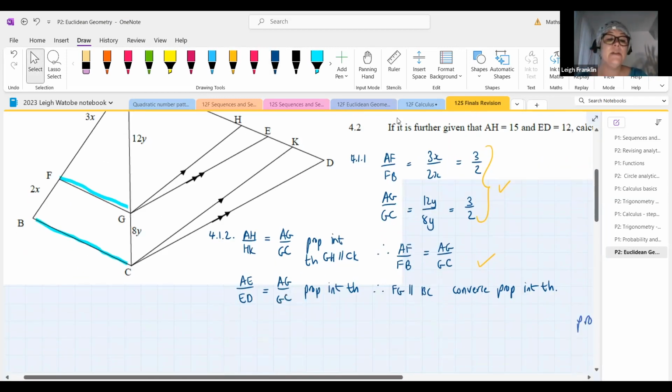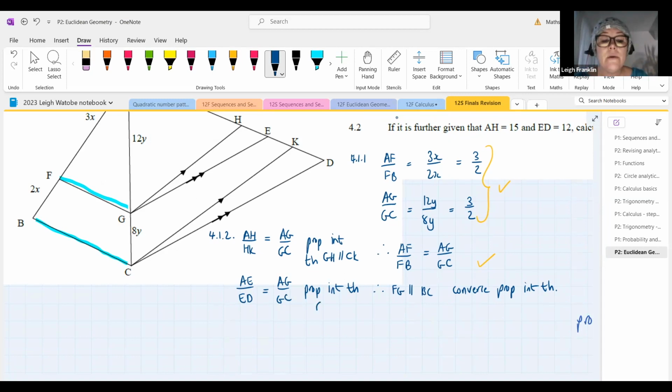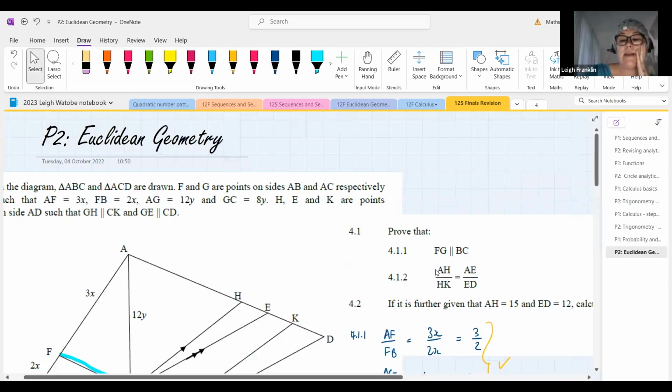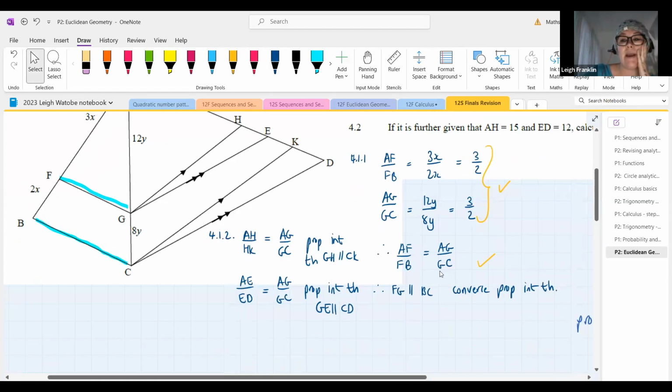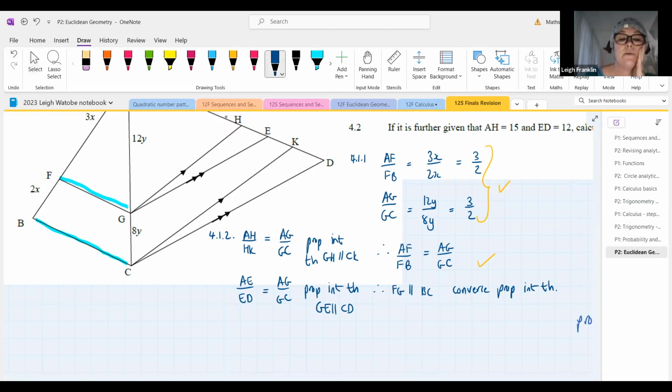Now it's because GE is parallel to CD. So what we notice is that AH over HK and AE over ED are both equal to AG over GC. So now we can deduce that, therefore, they're equal to the same thing, then they have to be equal to each other.